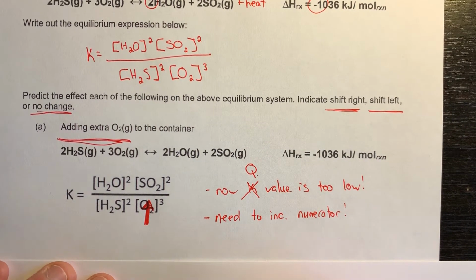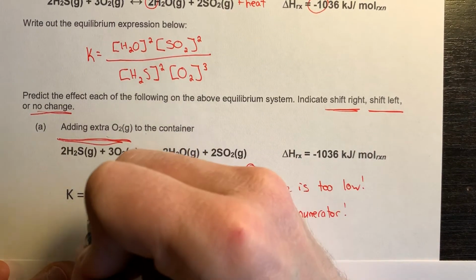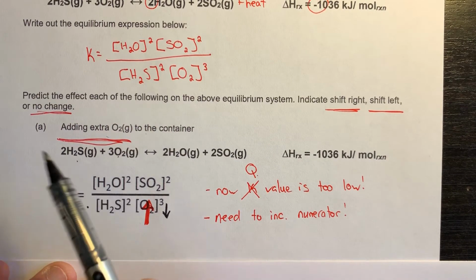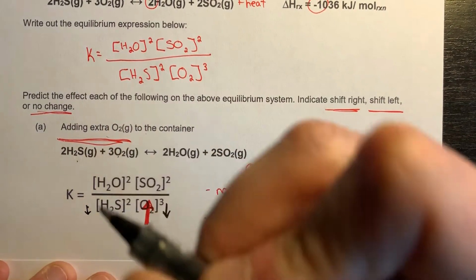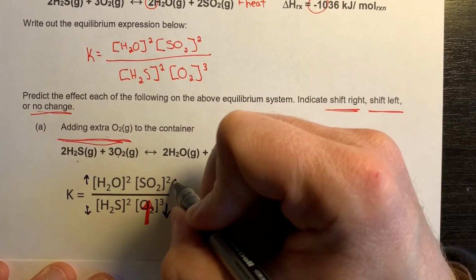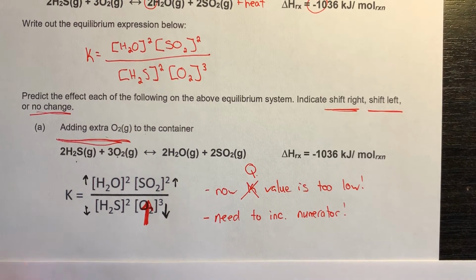So if I want to find a way to essentially get rid of the oxygen that we just added into the system, I'm going to go ahead and decrease that. The way that I can decrease it is by reacting it with our H2S. And in doing so, I form more water and sulfur dioxide. Okay, so again, just to recap, we're at a system of equilibrium. That means that everything's kind of like perfect.